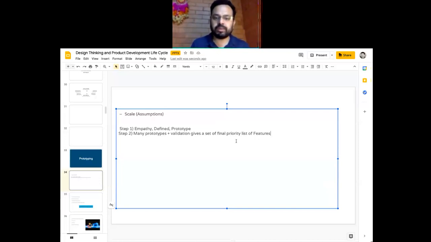So once you have this priority list of features, now let us look at this. I don't know if you people already have this. In step 3, we are getting into the stage where we have this priority list of features, which now becomes: A, will they pay?